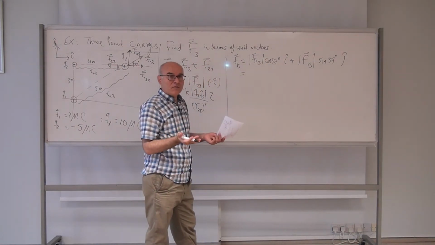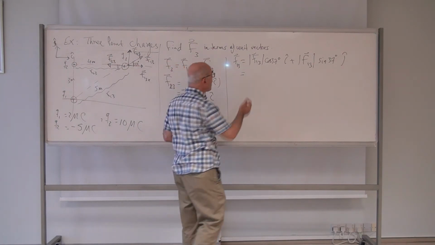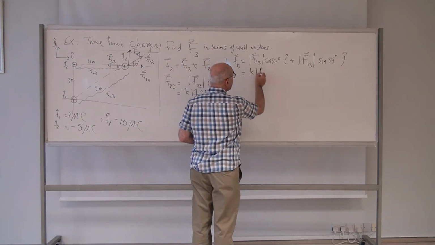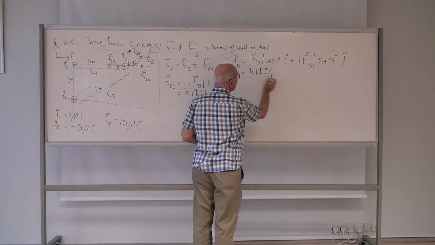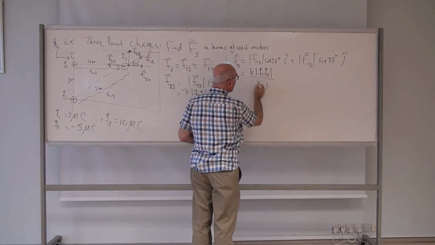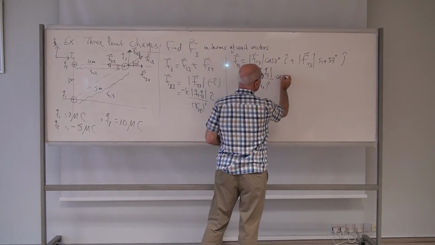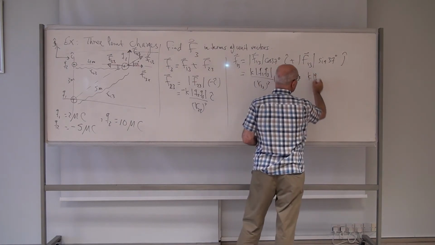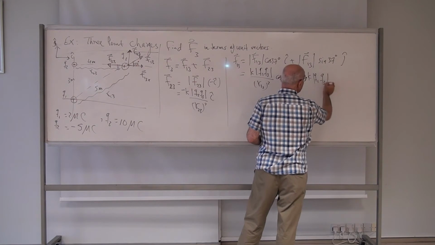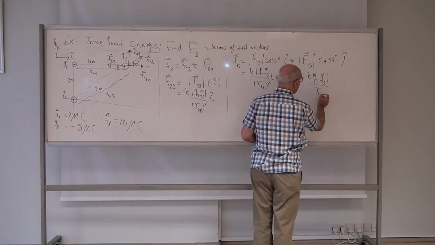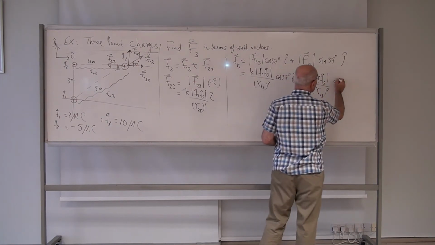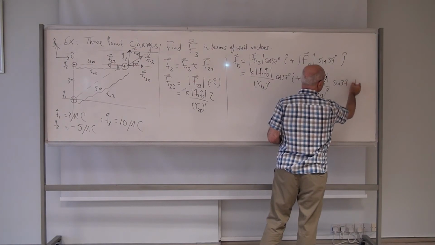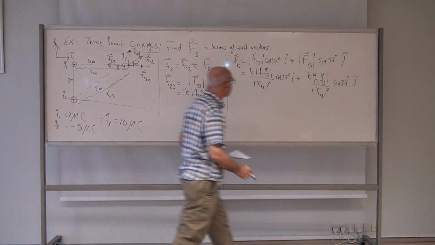This is the modulus of the force between charges 1 and 3, and this is again K Q1 Q3 over R13 squared cosine 37 degrees i hat plus again K Q1 Q3 as absolute value over R13 squared sine 37 degrees j hat.